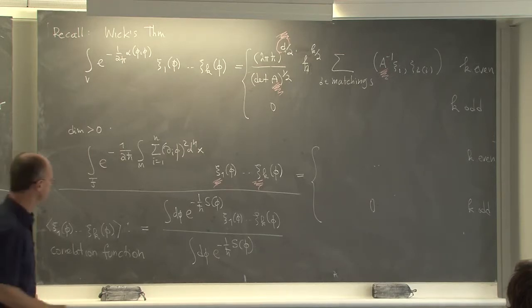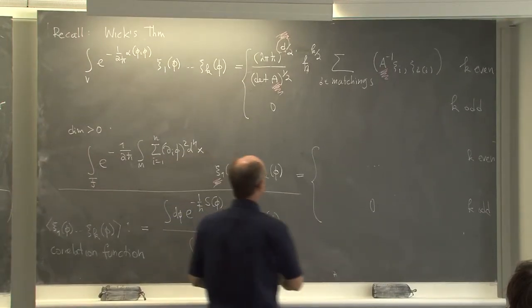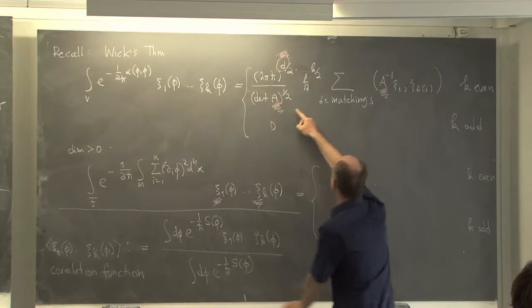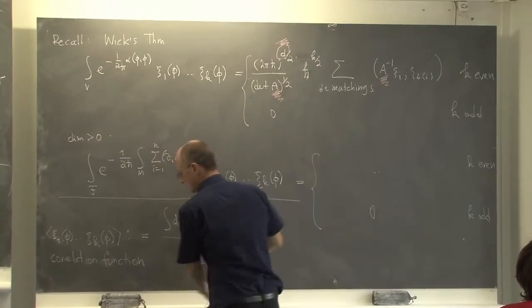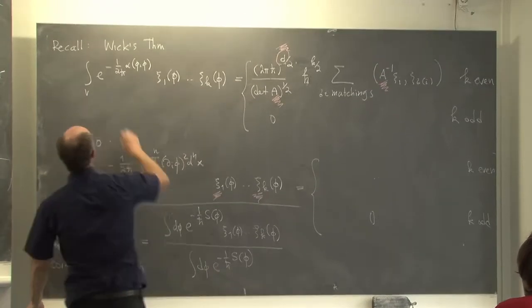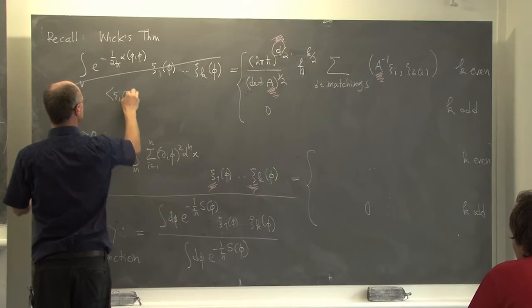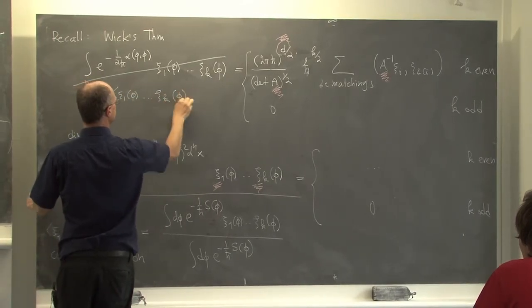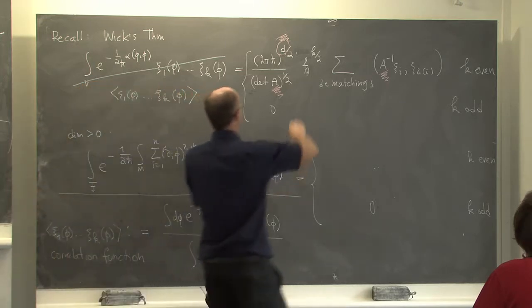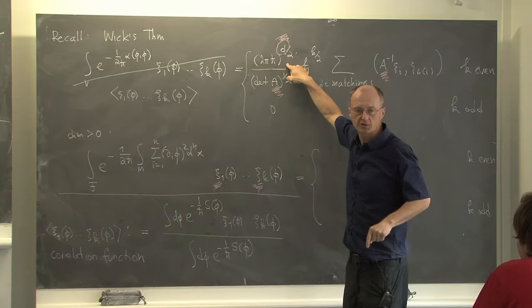Now, the answer for a correlation function will be similar to this answer. If instead of this integral I write a correlation function, the only difference will be that I should cancel the Gaussian part, right?